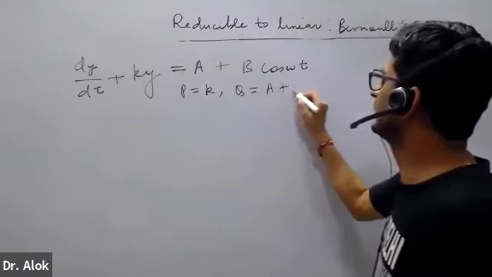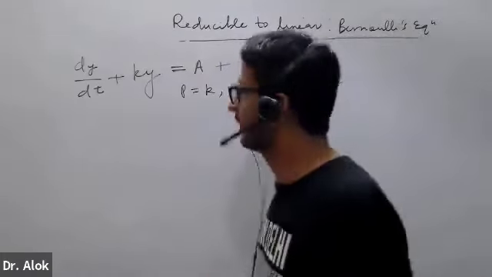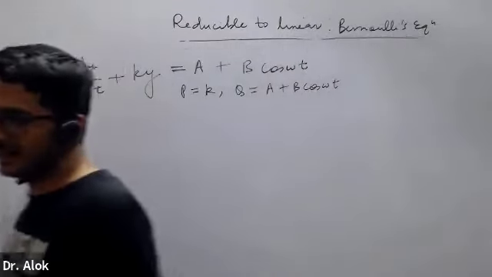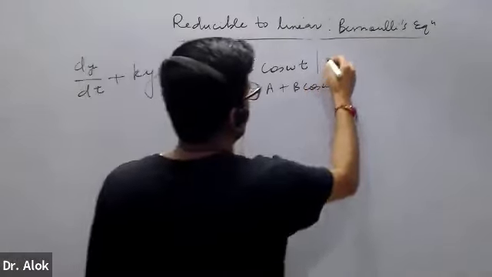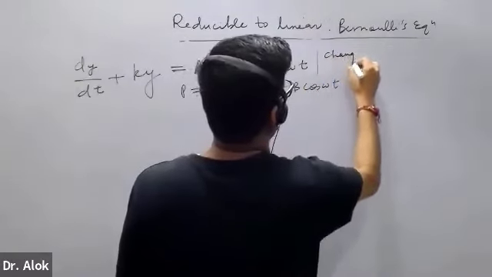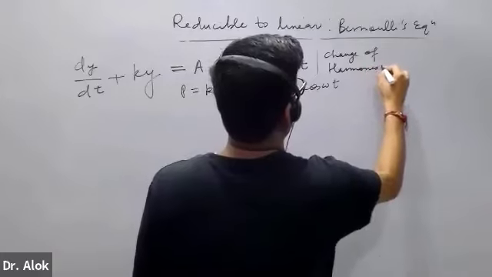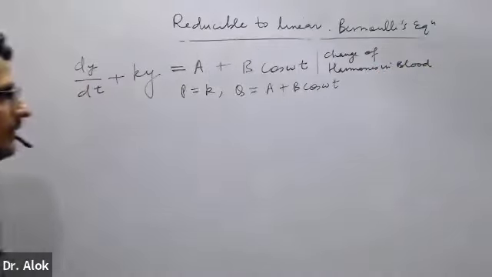It is a plus b cos of omega t. Okay, you can write this in brackets. This equation represents the change of hormone levels in blood.